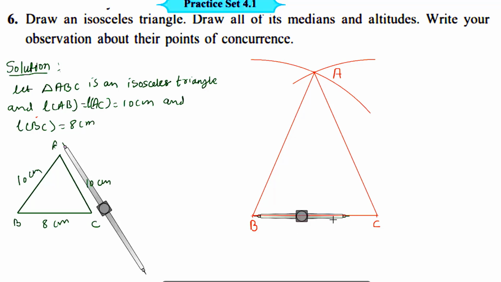Take a convenient distance in the compass, draw the arc above and below BC. Keeping the same distance, put the compass on point C and draw the arc intersecting the first arc as shown here. We get 2 points.